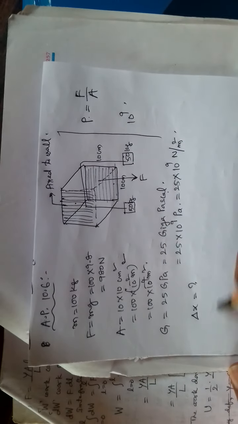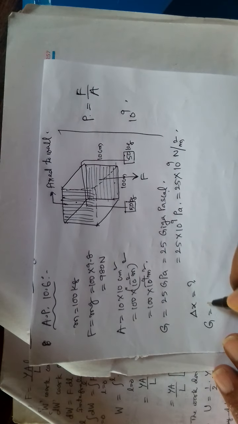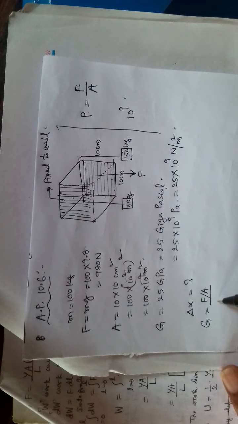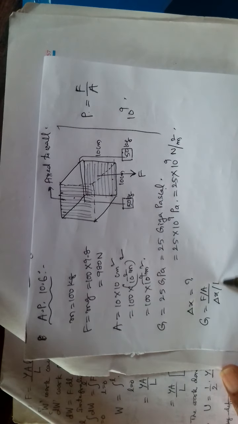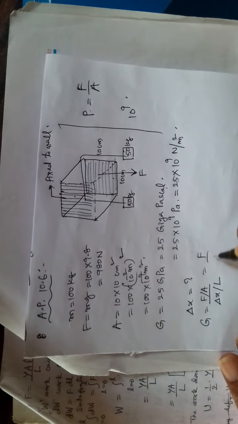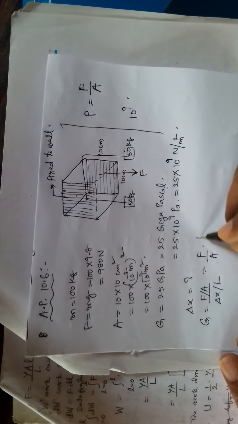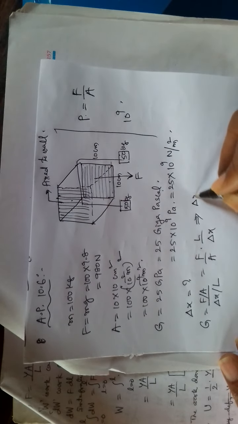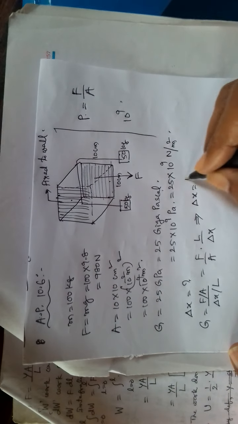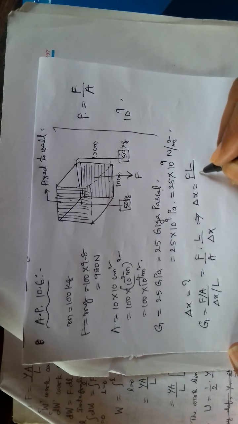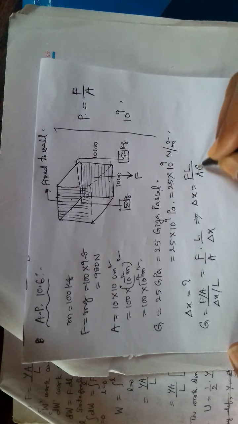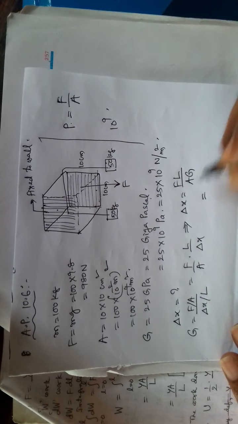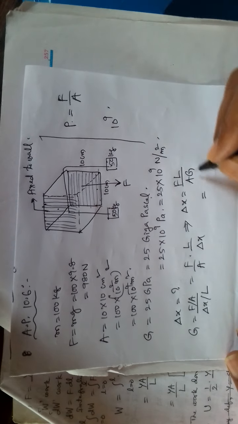So writing the expression for G, shear stress divided by shear strain, F by A into L by delta x. This gives delta x is equal to FL by AG.